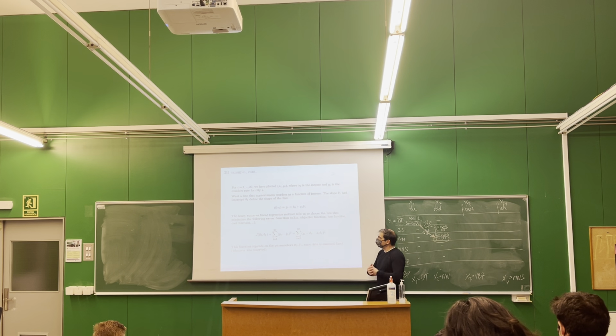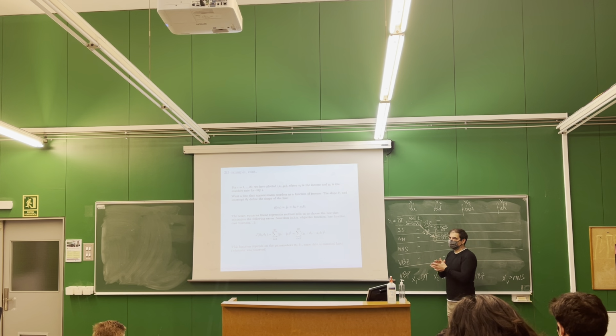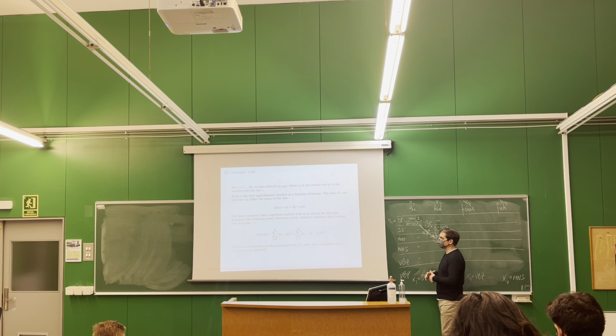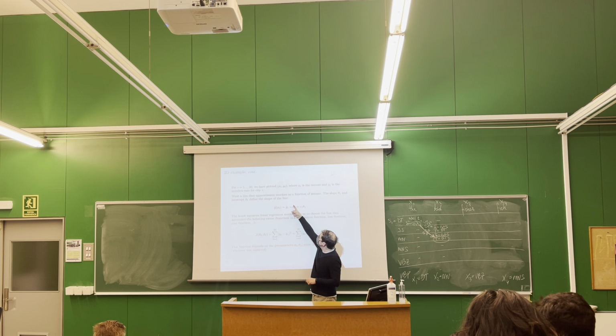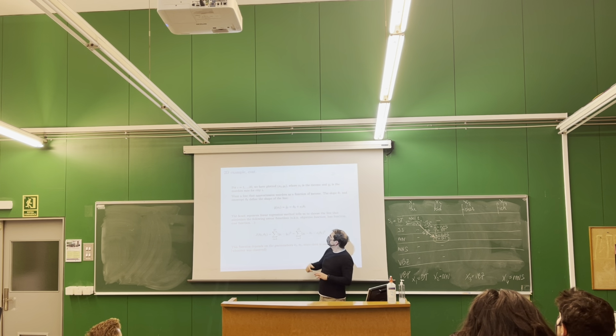Okay? So, first of all, we have to consider the kind of solutions. The kind of solutions that we will use in this case are of this kind, linear equations.